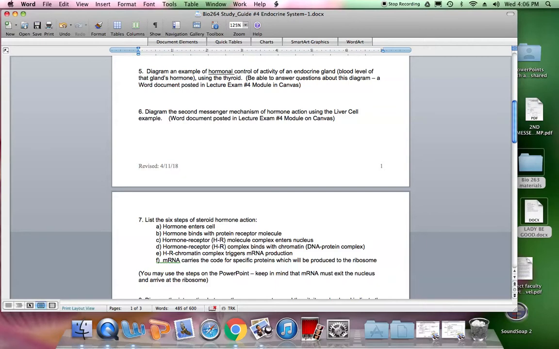So this HR chromatin complex now will trigger little mRNA. This is messenger RNA, which carries a complementary copy of a gene region on the DNA. And remember, these are nucleotides.